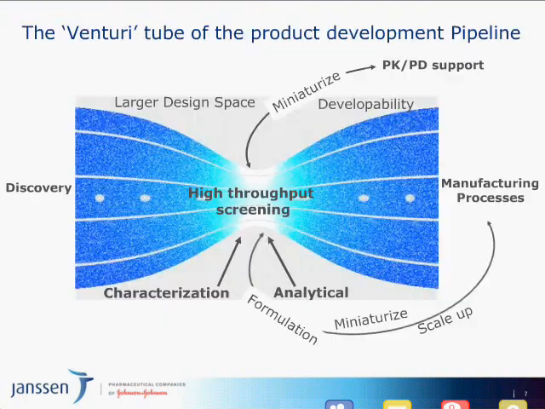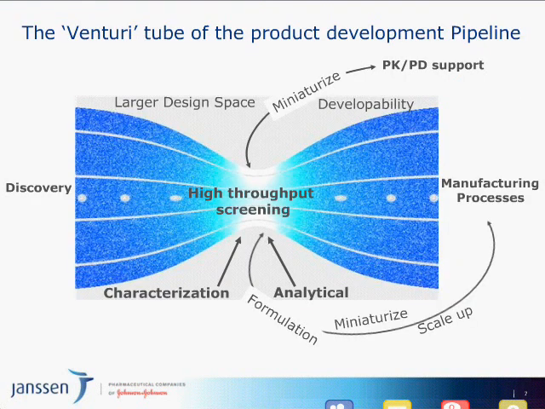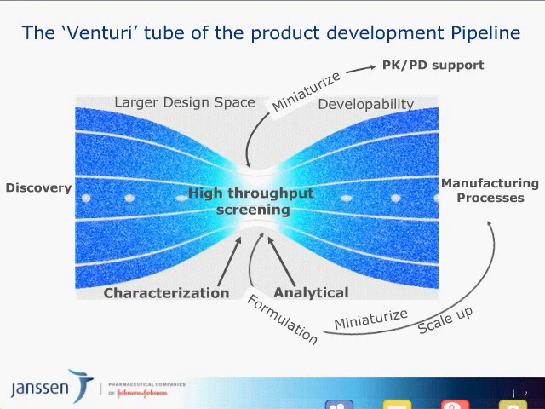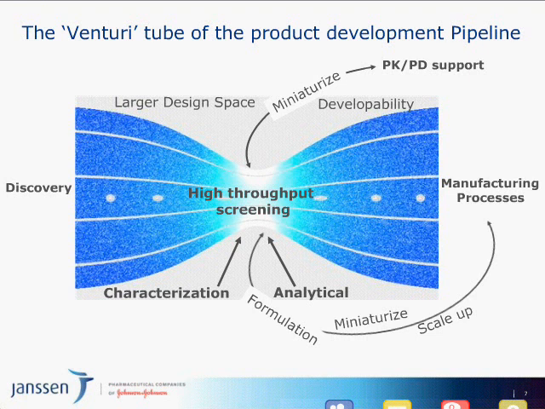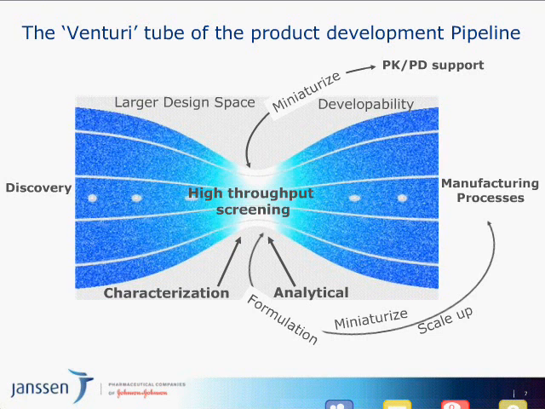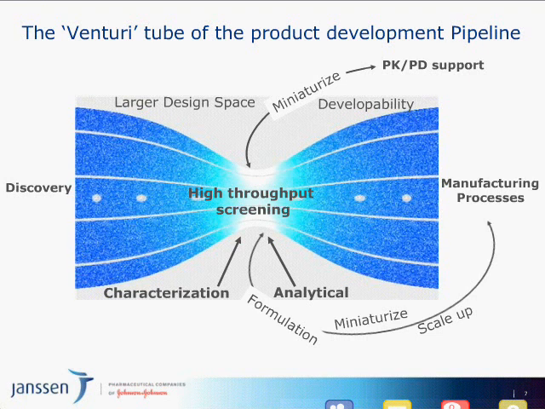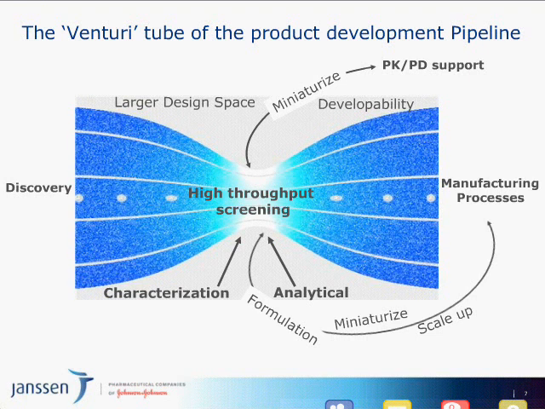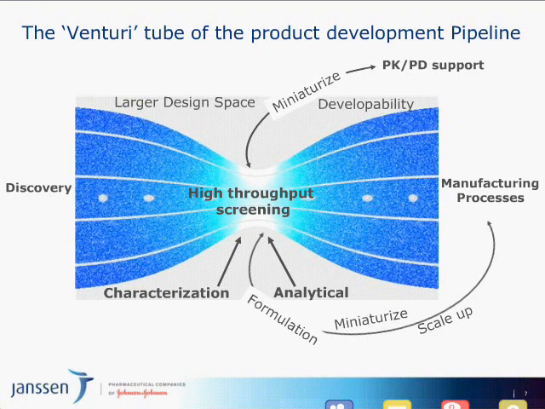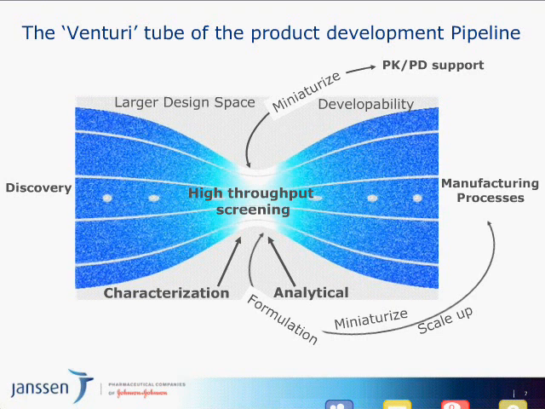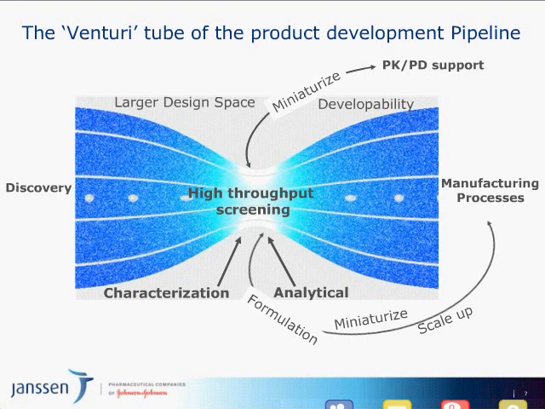So I have some cartoons to show this philosophy in the product development pipeline. When we're doing the formulation screens in the high throughput mode, we keep an eye on the manufacturing process, and we scale down, miniaturize. After we develop, we scale up. At the same time, we also keep an eye on the PK support.